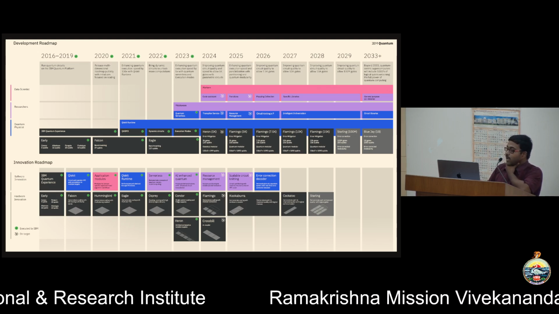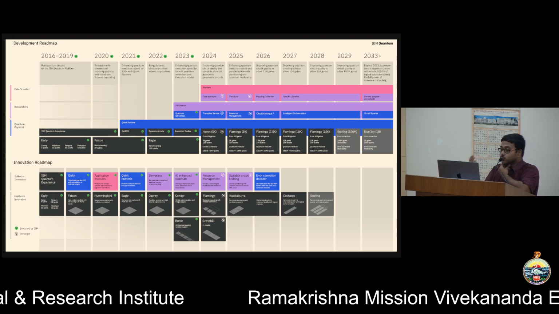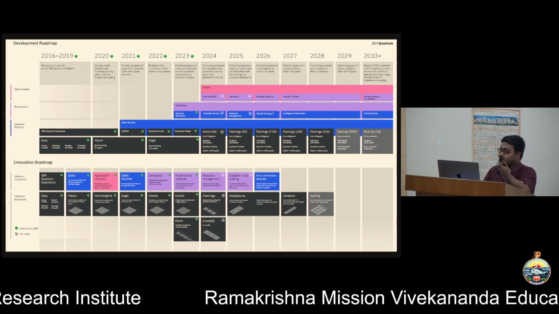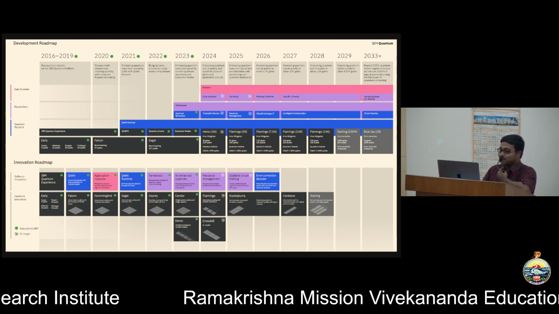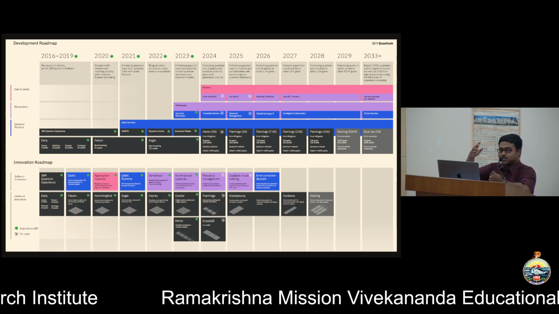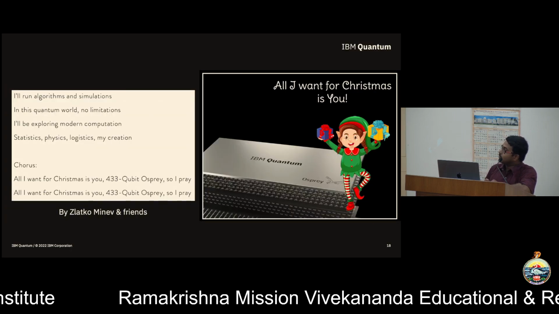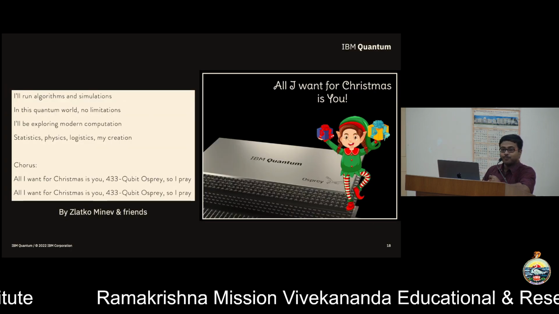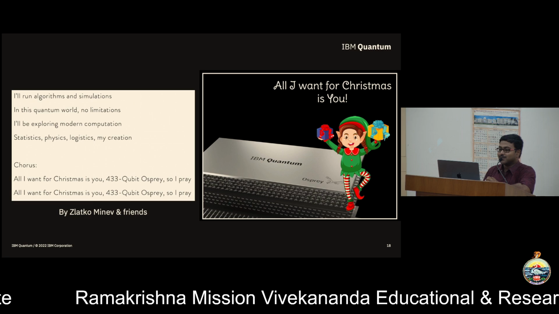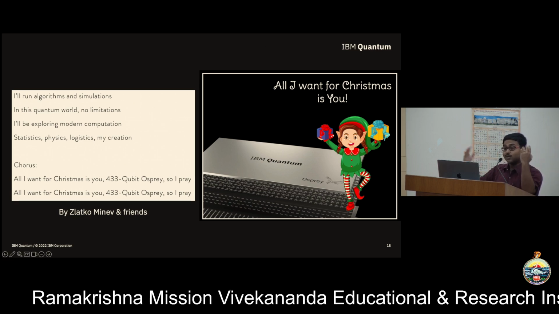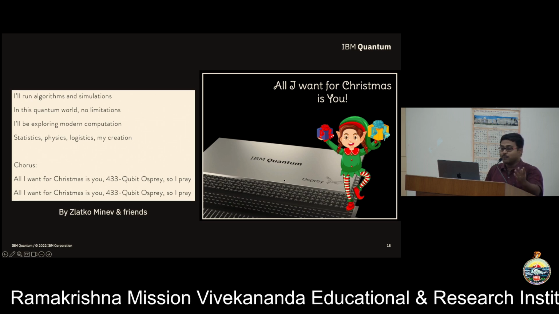So what I was trying to say is what we can do if we have a quantum computer. The day I joined, the first time I was meeting my team, it was just before Christmas. And they came up with this song during the call: All I want for Christmas is you, this 433 qubit quantum computer. What will happen if we get it?